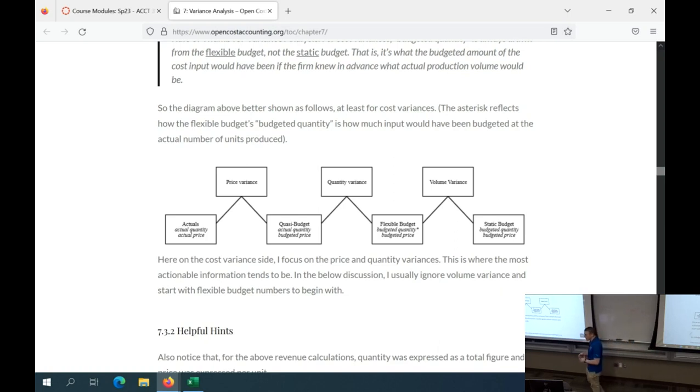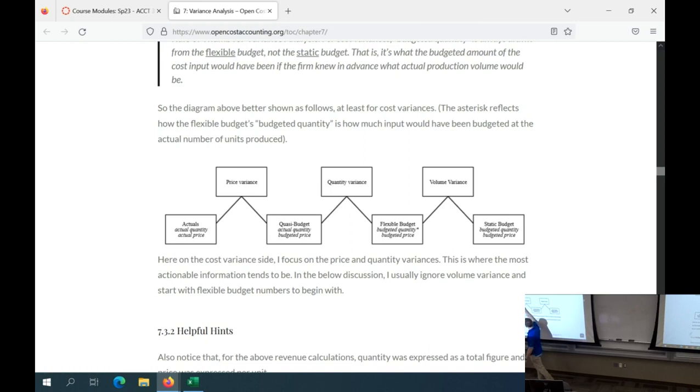If we had the time machine, and somebody came back and said, don't budget 10,000 finished goods units, budget 12,000, that's the actual number, then that would be our flexible budget. And now we have trued it up to this point. We've taken out the volume variance. We have a dollar amount right here that reflects how much the overall direct labor cost has moved from the static budget to the flexible budget by moving towards what we actually did in volume.